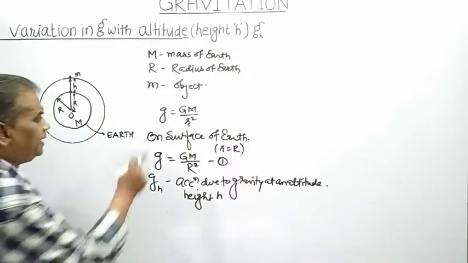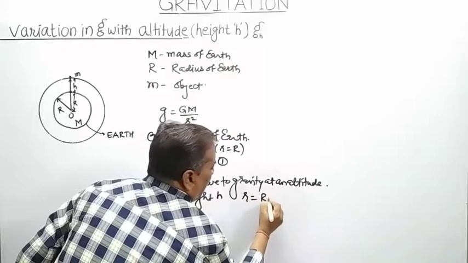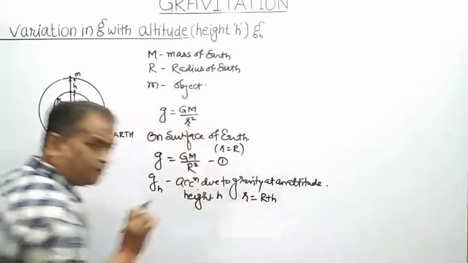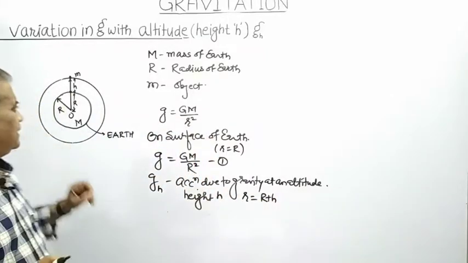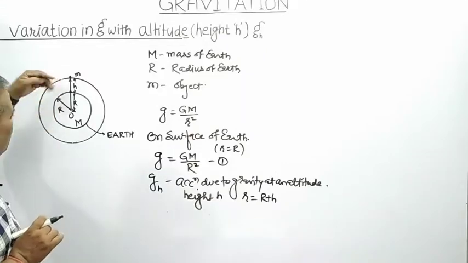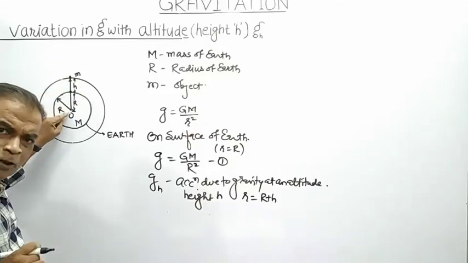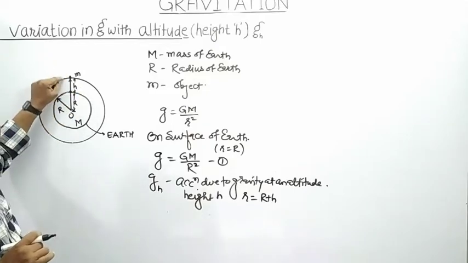it can be obtained just by replacing small r with R plus h, because small r always represents the distance between the point object and the center of the earth. See here, when I lift the object to a height h, what is its distance from the center of the earth? It is R plus h.